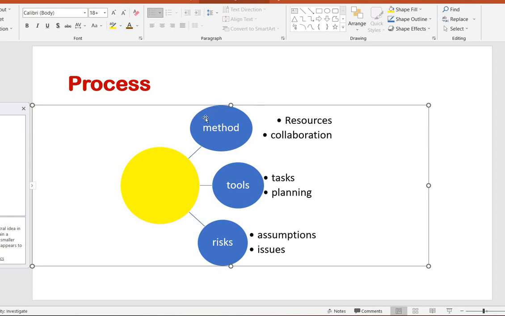When we decide any method as a part of the process, we need to think about it. Then tools, that is tasks and planning, because whatever tools we are going to use for the method we have adopted, is it possible to complete the expected tasks with them?